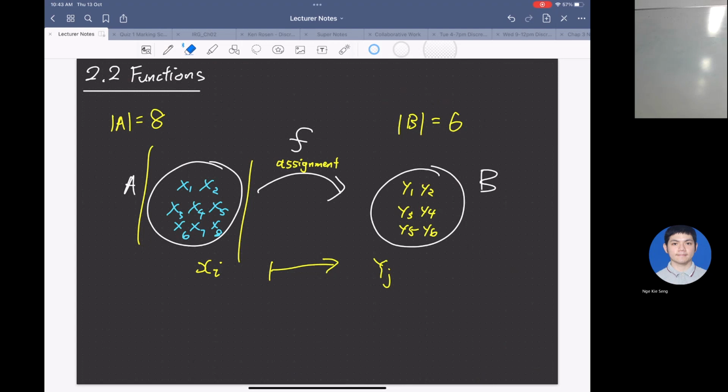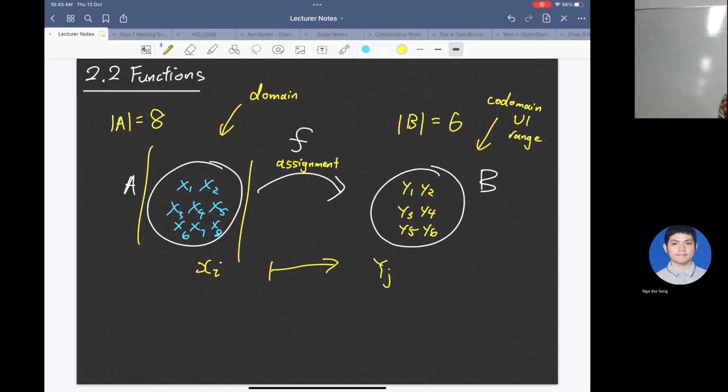So what's domain? The domain is where the function has values, and the codomain is where the function gives you the value. Okay. So why would we have range?